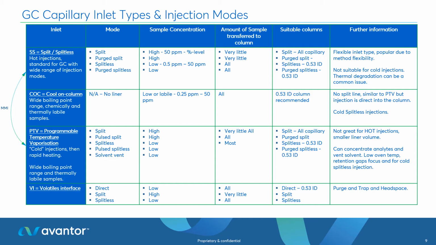Typically with this we'd be looking at a purge and trap or even a headspace. And again, when we're looking at the benefits of these, we can do a direct injection where we get very good sensitivity. We can look at a split or a splitless, as with the original ones that I mentioned previously.